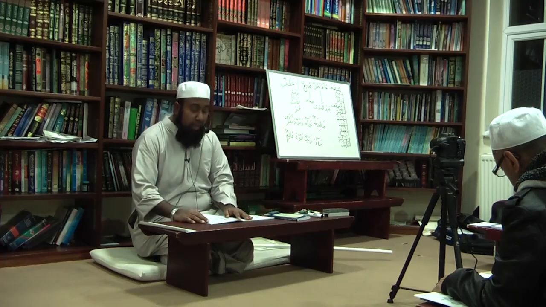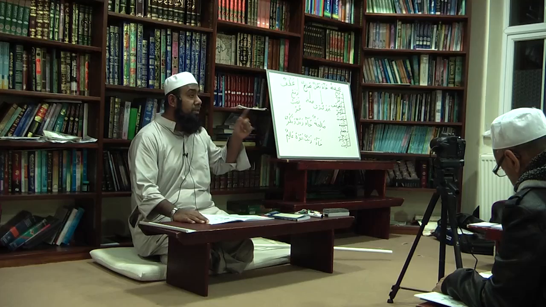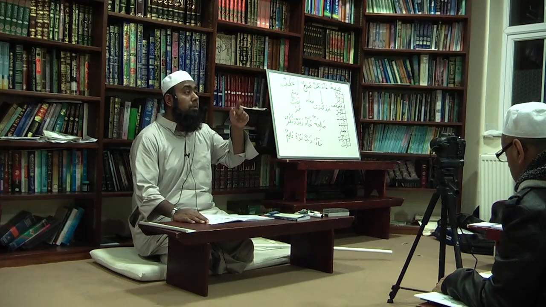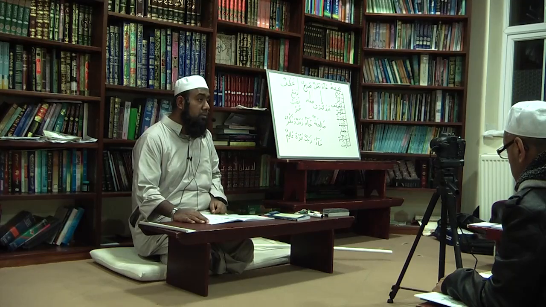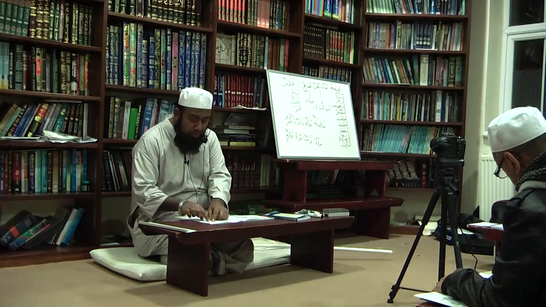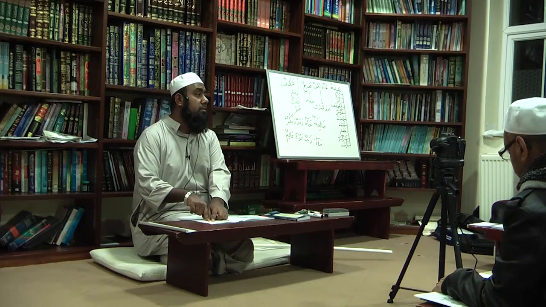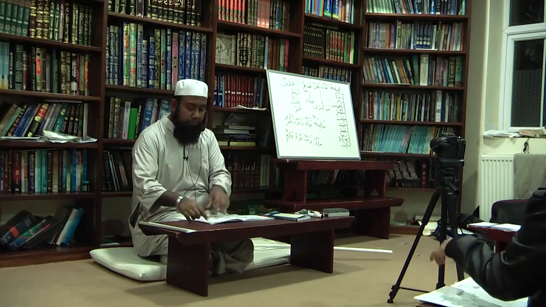Again we explained the signs of femininity. One of them is ta marbuta, the attached ta. As you can see, the feminine words, all of them, have that attached ta at the end.